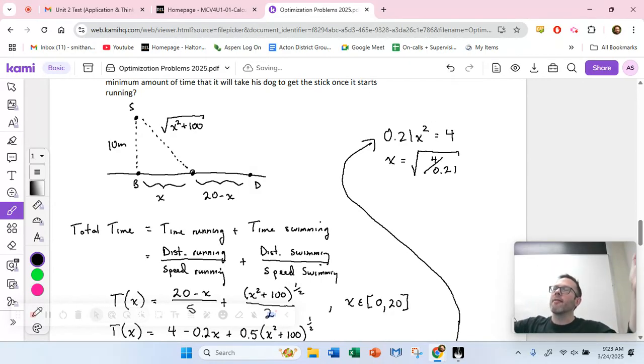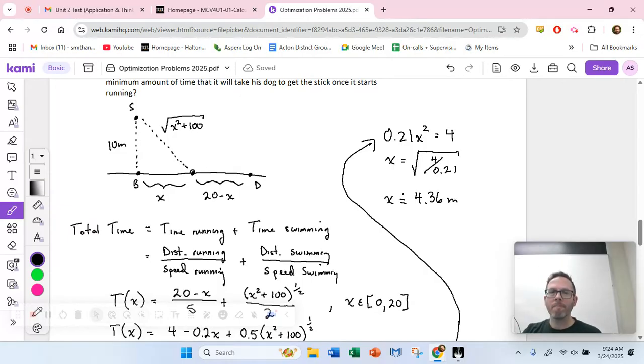And we're going to pray that this gives us a value between 0 and 20, because I've never done this question with the class before. Of course it's going to work. Nothing ever goes wrong the first time you do something. This is looking good. I got 19 point something, and when I root that, I get something nice and smack dab in the middle. I got about 4.36 meters. Did you guys get that as well?